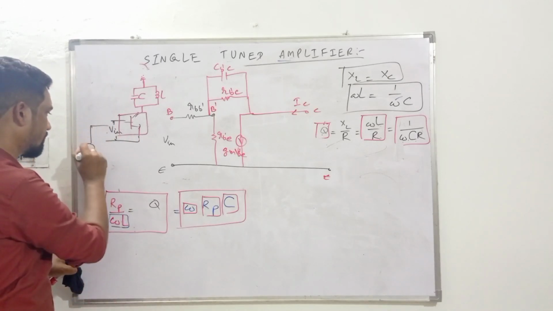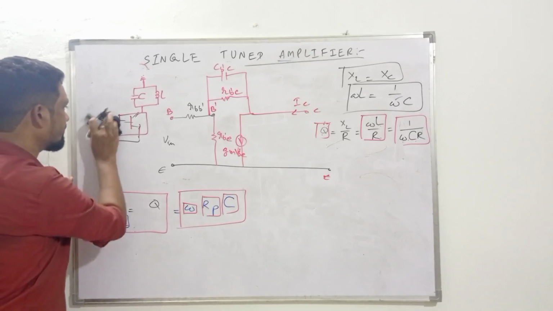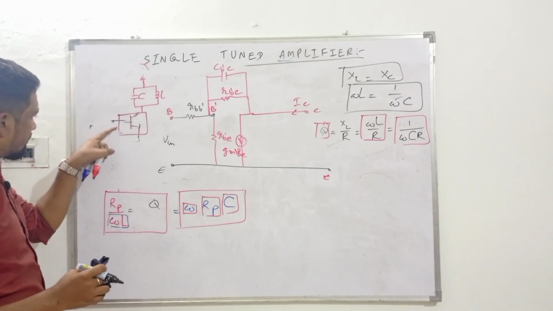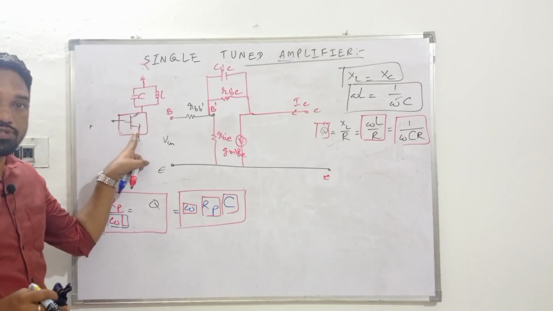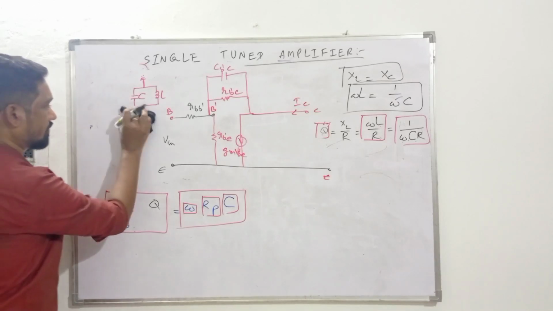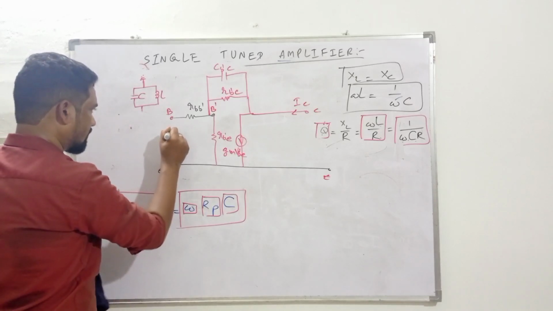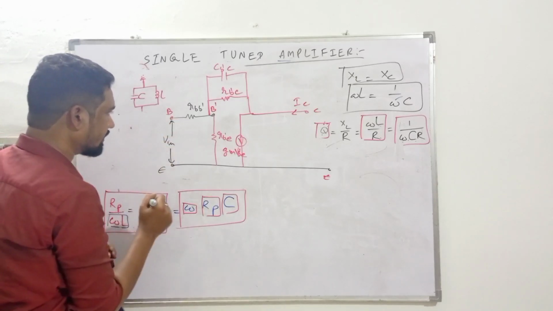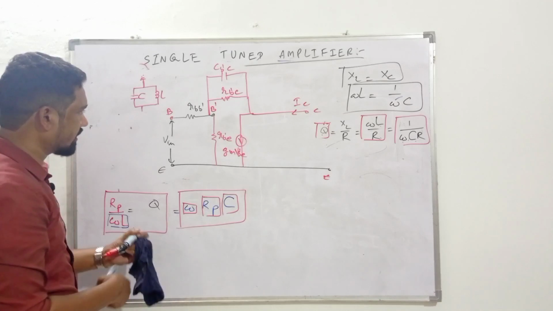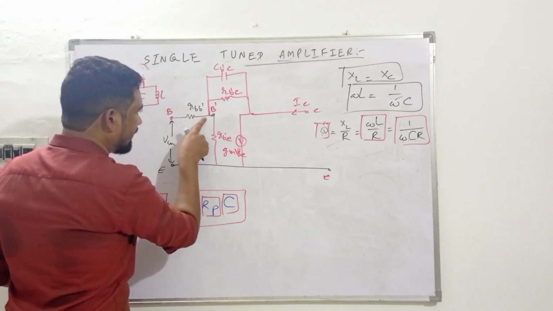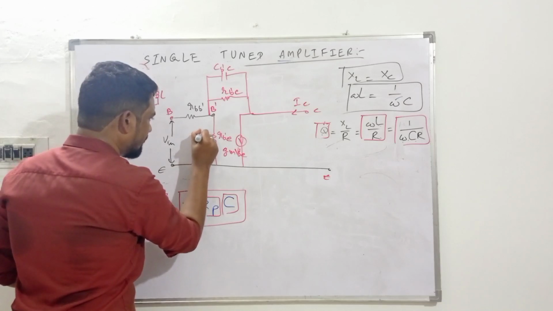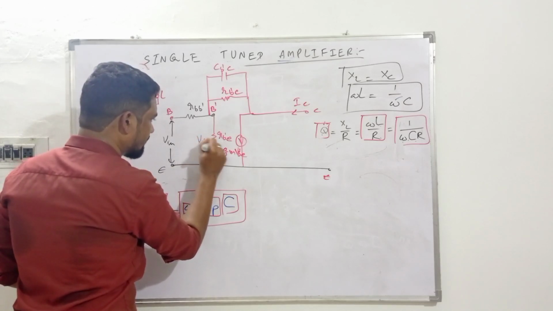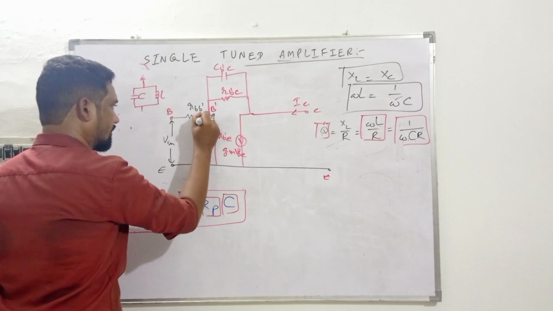This V in is the voltage which appears across base and emitter, which is the input voltage to the transistor. That V in I'm talking about. And there is another voltage to be considered: between virtual base and emitter, we have V B dash E.